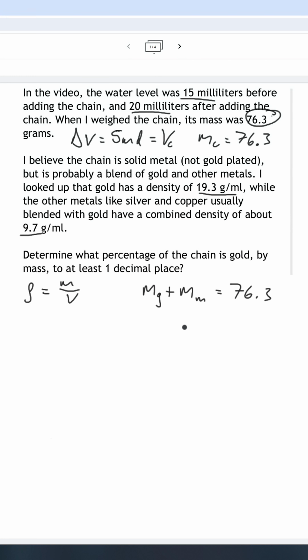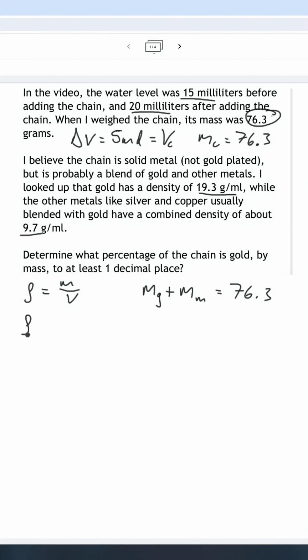So the sum of those masses has to be 76.3. There you go. Now we have to think how are we going to use the densities. So we can first of all think about the different densities of the metals. So I'm going to do this over here. You'll see why in a little bit.